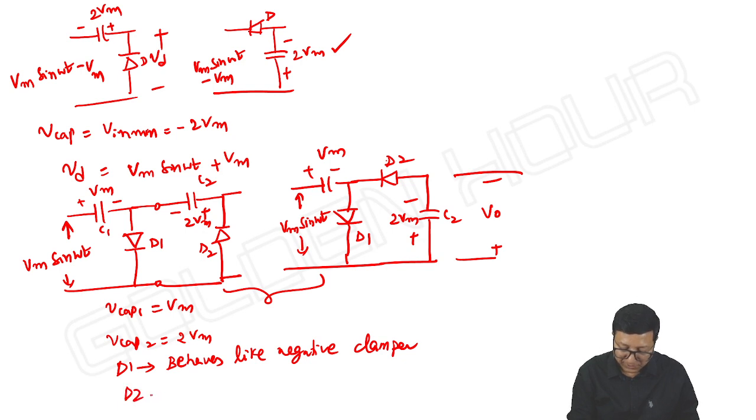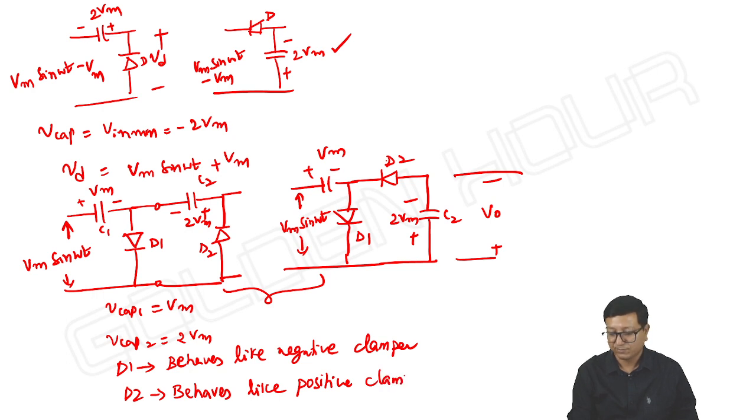And D2 behaves like a positive clamper. That's it.